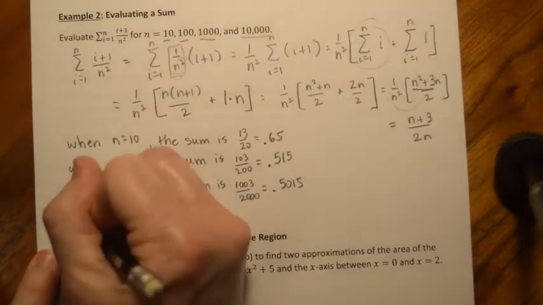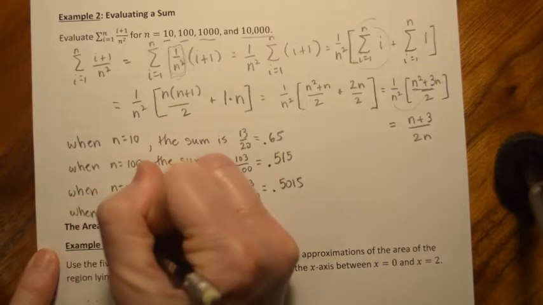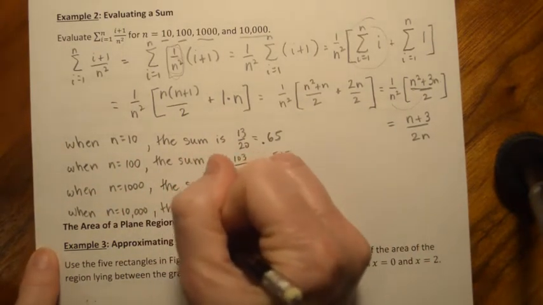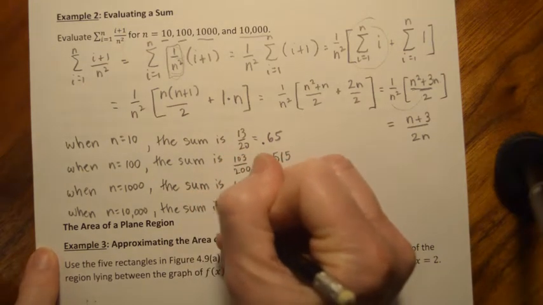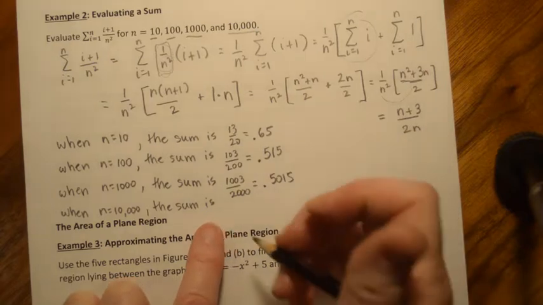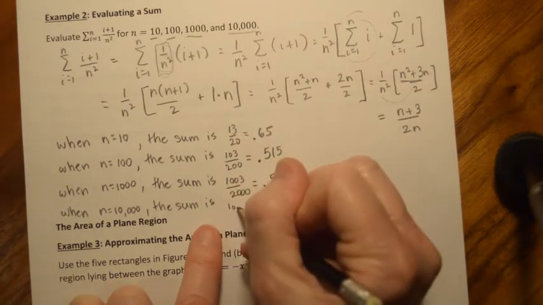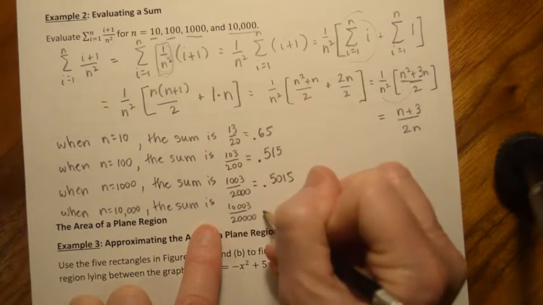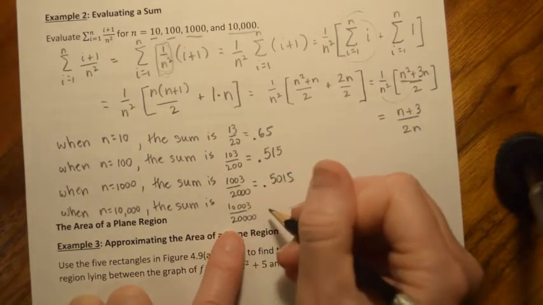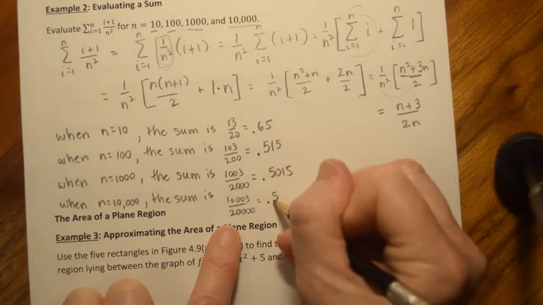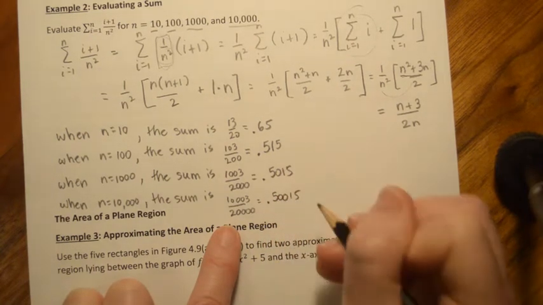And finally, when n is 10,000, the sum is, right, we put the 10,000 in here, the 10,000 in here, so we get 10,003 over 20,000, and that is 0.50015.